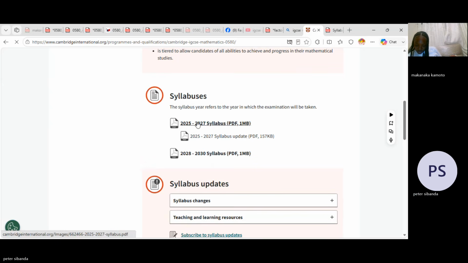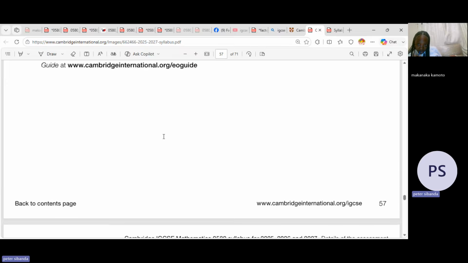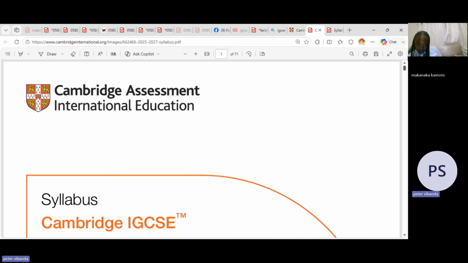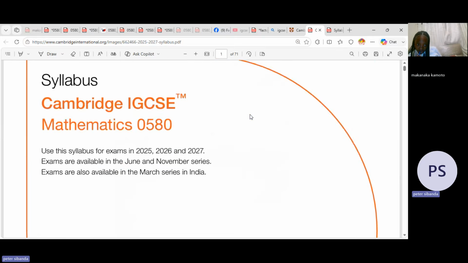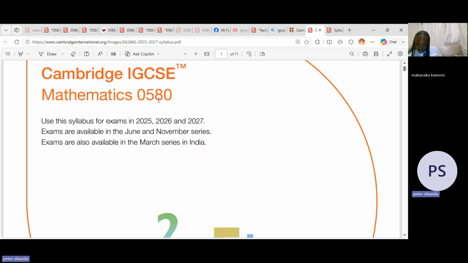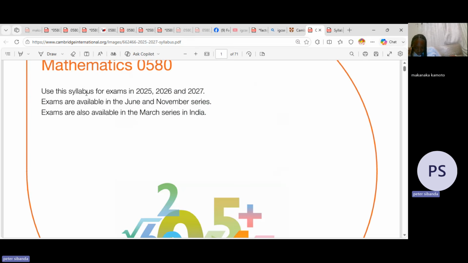We wanted the syllabus itself. Okay, this is the syllabus, Cambridge Assessment International, 0580. Use this syllabus for exams in 2025, 26, and 27.